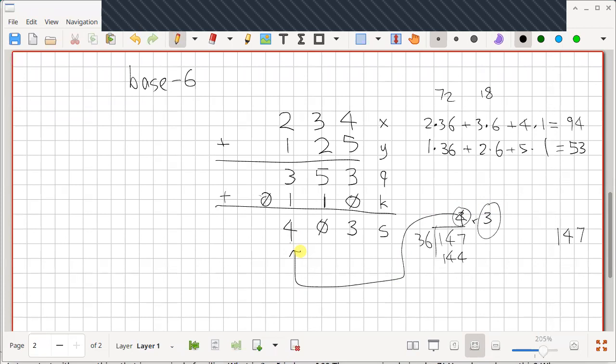It has to be an integer, right? It has to be integral. So we have 0 of those. And then what is left is how many ones do we have? Well, we just need 3 ones to take care of 3 itself. So now we have just verified that 403 in base 6 is representing exactly the same thing that we call 147 in base 10.